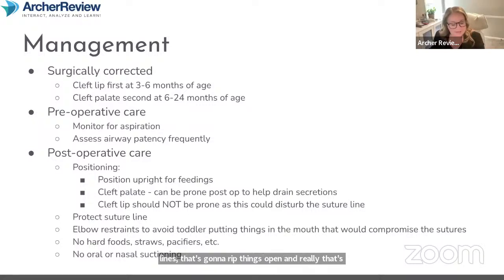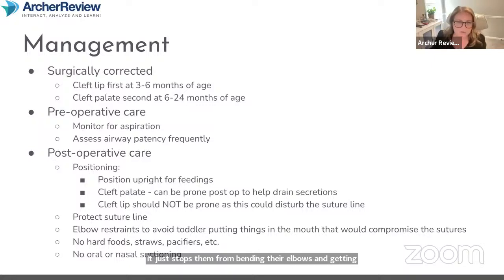Which is why, to protect those suture lines, we oftentimes use something called an elbow restraint. This is basically like a little board that gets put on their elbow and wrapped up, just so they can't bend their elbows, okay? So it's not a crazy invasive restraint like tying them to the bed. It just stops them from bending their elbows and getting things into their mouth.